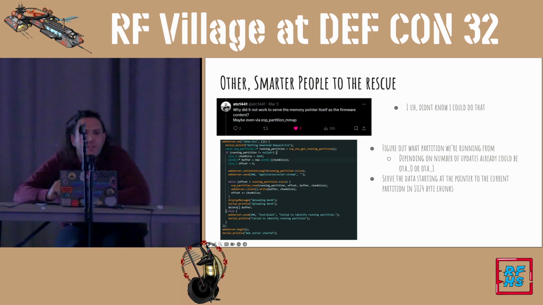So if the device has been updated before, there's no way to know pre-runtime what partition we're running from. Thankfully, the ESP32 tools for the Arduino core library include some handy methods by which we can just ask it which one we're running on and then reference the memory address from there.